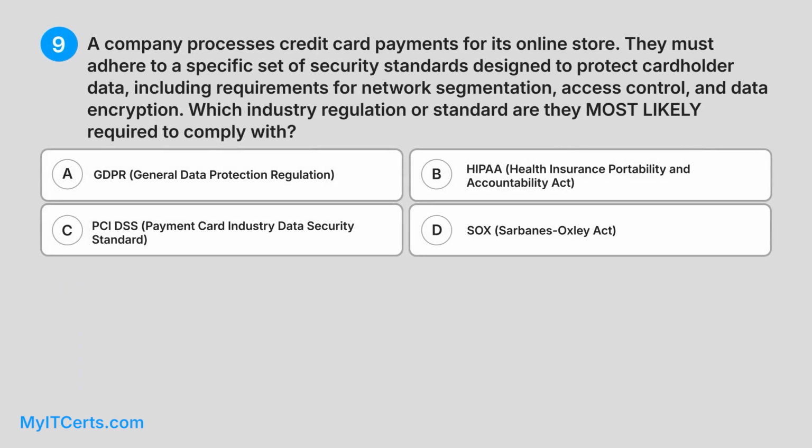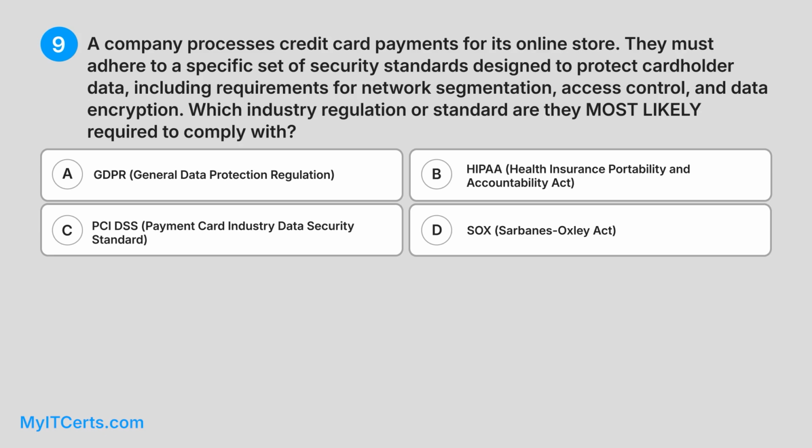9. A company processes credit card payments for its online store. They must adhere to a specific set of security standards designed to protect cardholder data, including requirements for network segmentation, access control, and data encryption. Which industry regulation or standard are they most likely required to comply with?